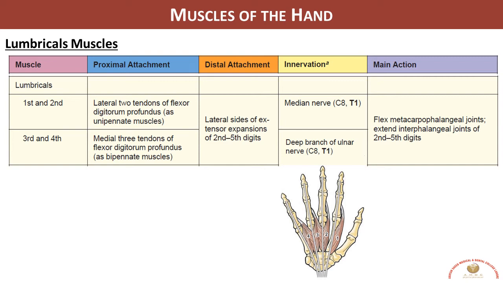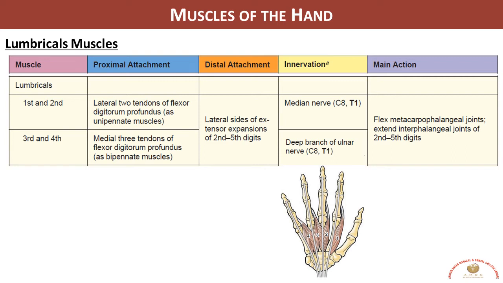Its main function is to wrinkle the skin of the hypothenar eminence and deepen the hollow of the palm, so it is important in gripping. Palmaris brevis covers and protects the ulnar nerve and artery, and it is attached proximally to the medial border of the palmar aponeurosis and to the skin on the medial border of the hand.